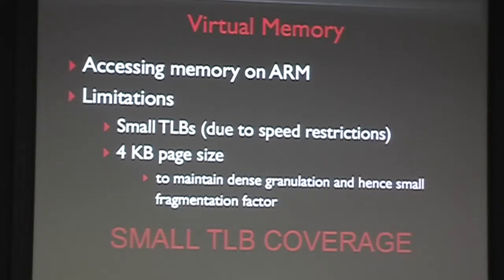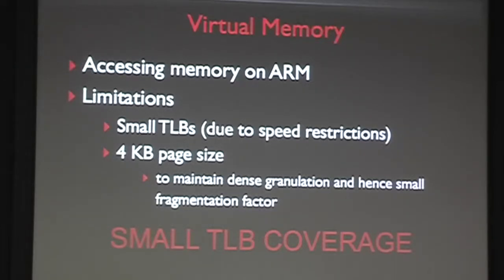TLB coverage describes how much memory the processor can access at any time without a TLB miss. In our case, it would be 256 kilobytes with a TLB of size 64, which is very common in the ARM world.